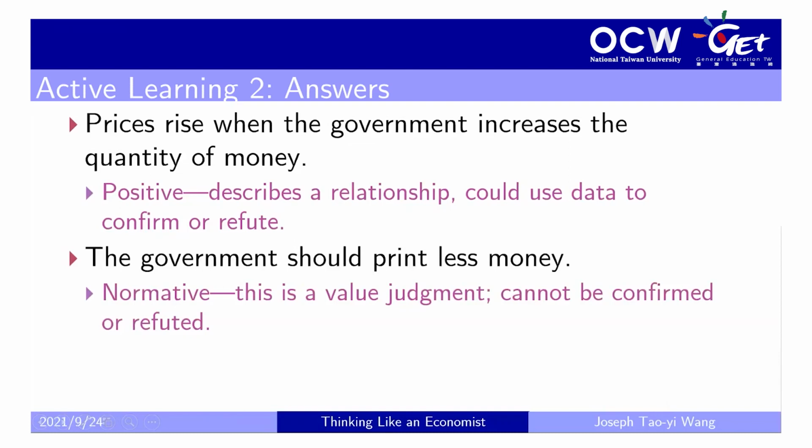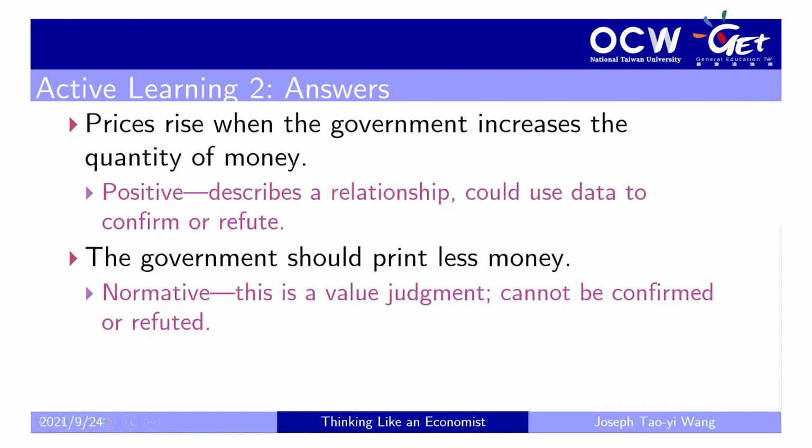The key thing here is that to get to the conclusion that the government should print less money, you not only need to know that prices rise when the government increases the quantity of money, you also need a value judgment saying that prices rising, or inflation, is bad, is not good for the economy, or is not good for the welfare of the people in this society.